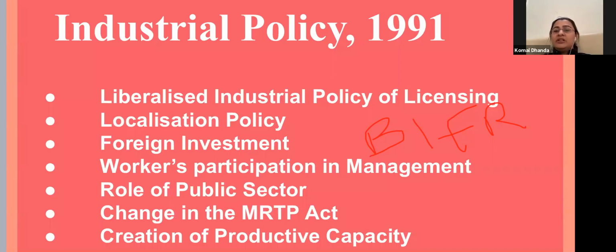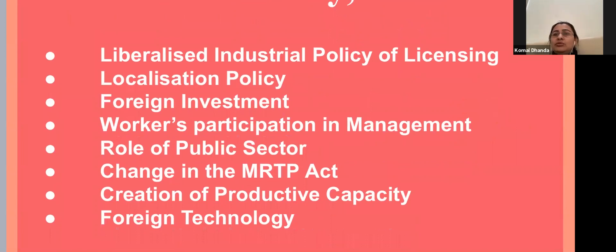Then the next one is creation of productive capacity. Creation of productive capacity in the sense that, to increase the productive capacity of new industries, all the administrative controls and administrative nagging from time to time, their poking their nose in between the operations of the business, were removed.